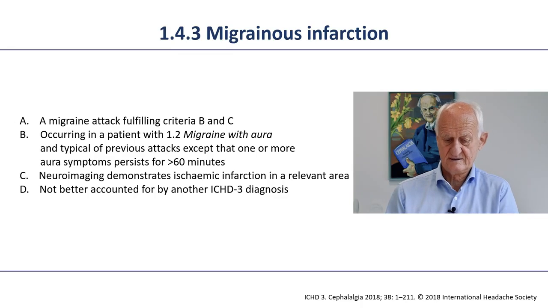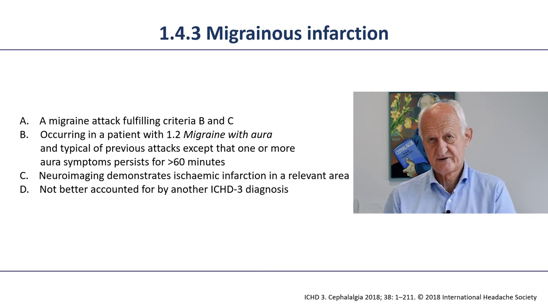Sometimes the migraine aura lasts much longer or even persists for days or weeks, called migraine with persisting aura. And in some cases, this is because the aura has caused an infarct. So here we have the diagnostic criteria for migrainous infarct.